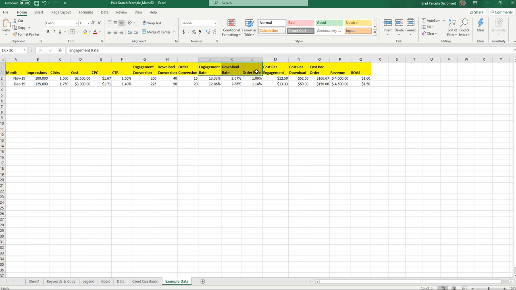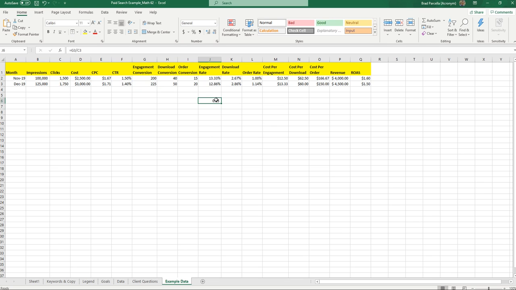The next three metrics are the same three conversions, but the rate at which they are converting. So with an engagement rate, you're seeing how frequently they're converting. Engagement rate is a calculation where you divide, and I'll take December, your total engagements, which is people who have been on the site for more than 2 minutes, divided by the number of people who have actually been to the site, your clicks.